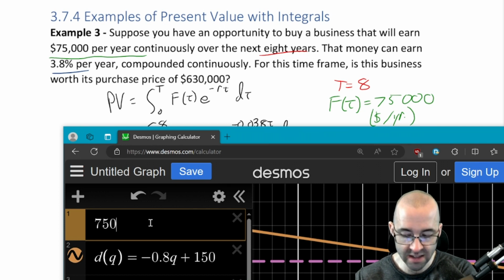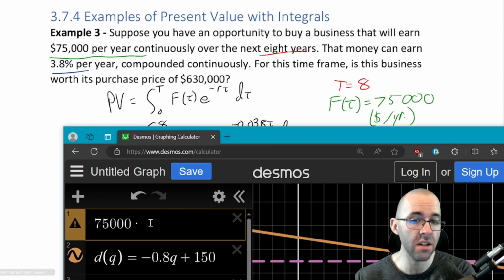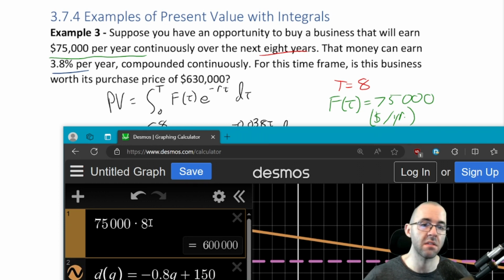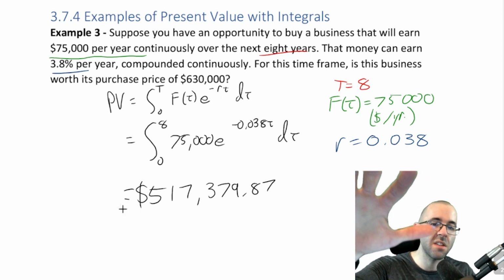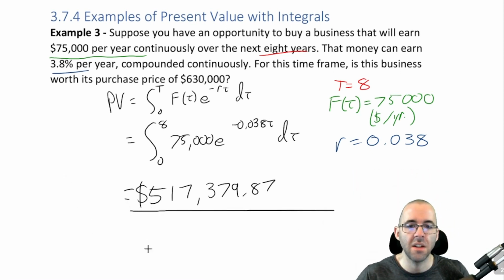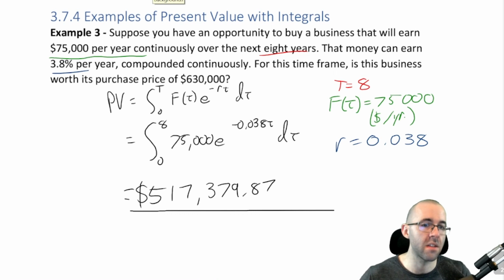We're making $75,000 each year for 8 years, $600,000 total. But that $600,000 in the future is only worth $517,000 now. We'd be better off investing our money elsewhere.